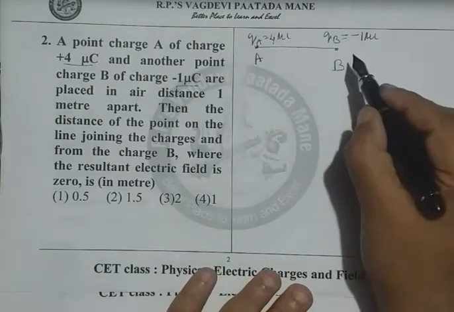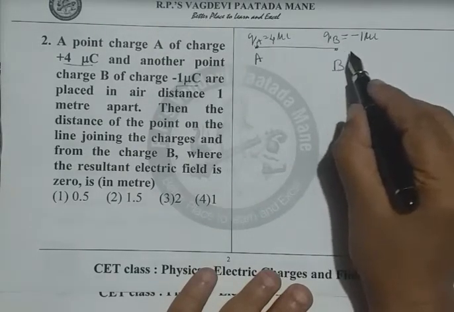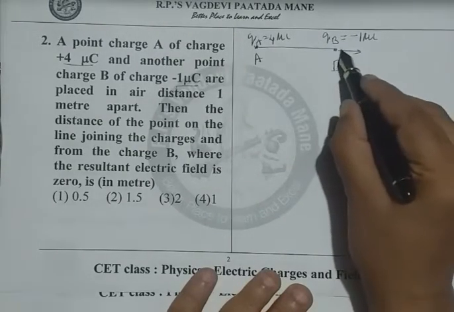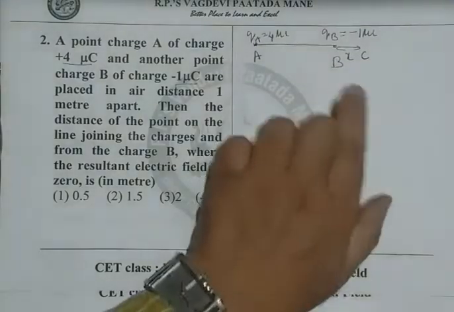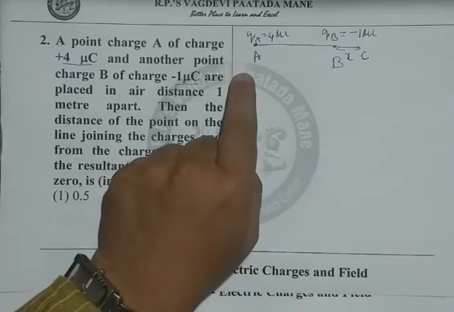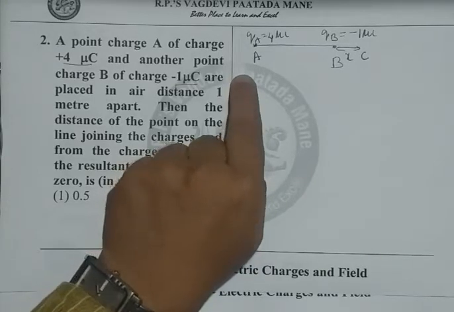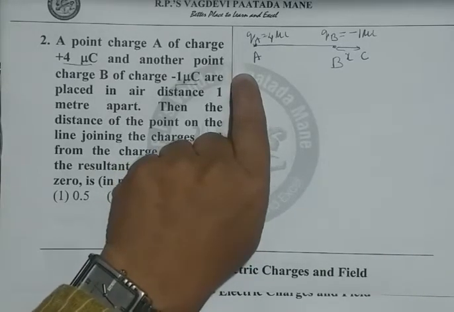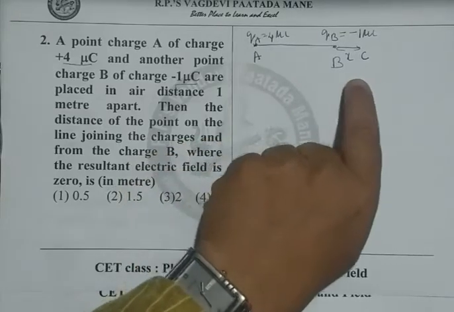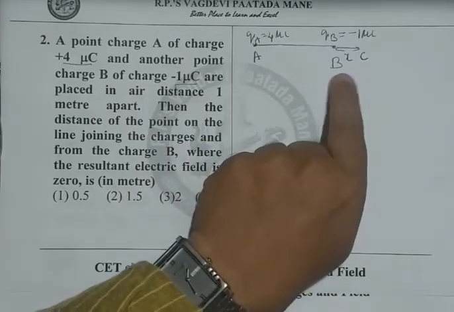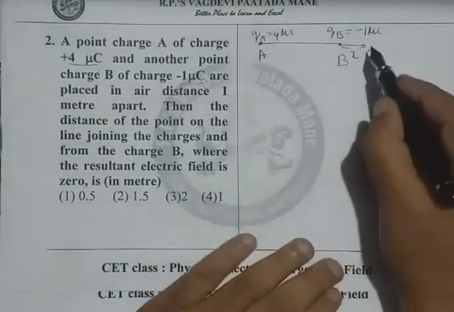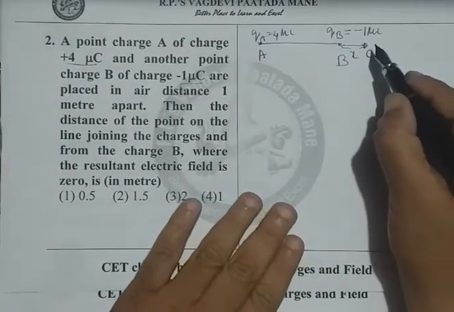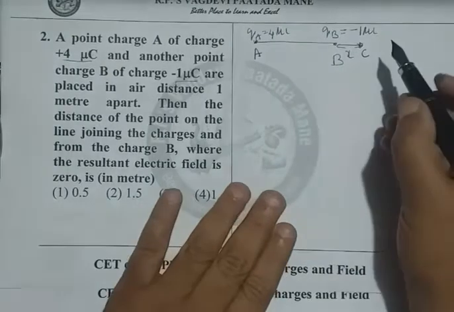Now the null point lies at a distance x from B. I took C near to B because A is larger. Therefore, the null point will lie nearer to the weaker charge. Therefore, nearer to B, I have point C. Now at C, I have two field intensity vectors.